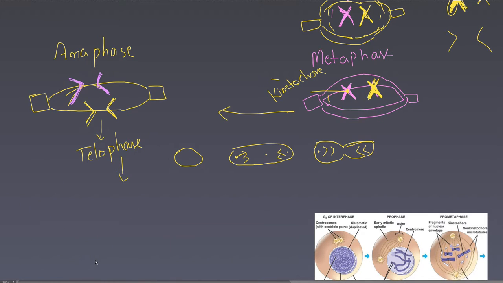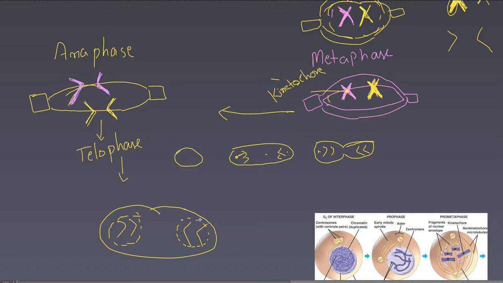So if I were to draw this huge cell which is elongating, the two chromosomes are here and the other two are here, right? So now what starts to happen is that the nuclear membrane that disappeared in the first part starts to reappear all of a sudden, and the nuclear membrane here starts to reappear also.